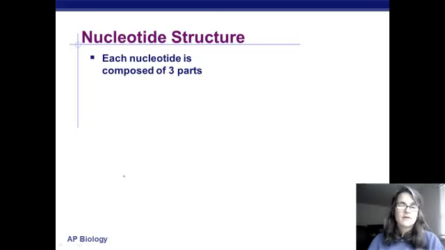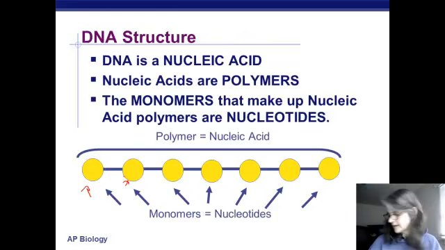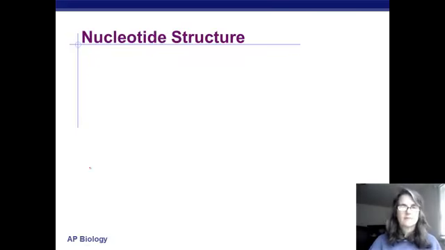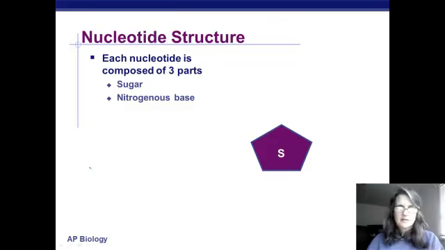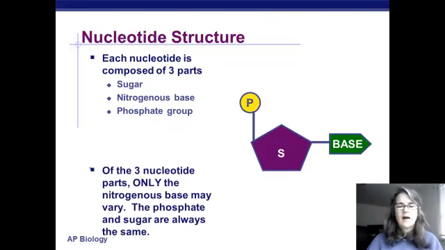Now, each of those circles, each of those nucleotides, is in fact made of three smaller parts. So it's almost as though we divide each of these into three parts. Every nucleotide is made of three parts: a sugar, a nitrogenous base, and a phosphate group. Okay?